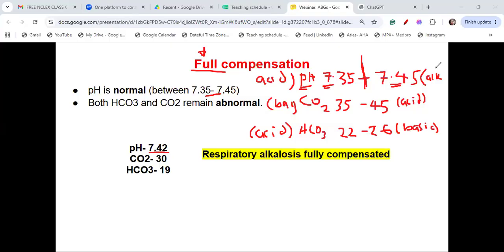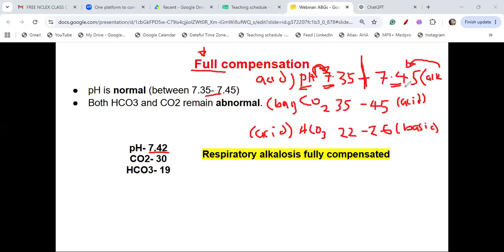This is somewhere it's coming from. It is coming from this side for it to return back to normal. If it's on the acidic side, it will be abnormal trying to come back to normal. Okay? If it's coming from the acidic side, it will be 7.3, 7.22. Anything below this is coming from this side.